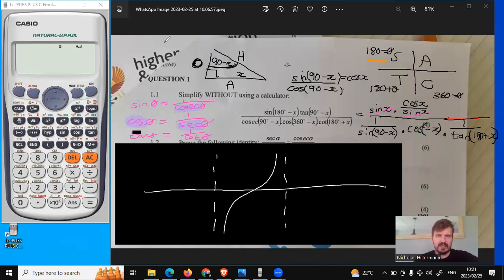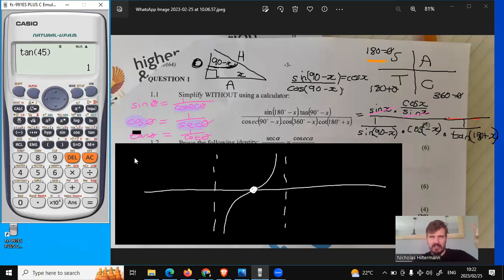What happens if I put tan 0 into my calculator? I get 0, and that's over there. If I put tan 45, I'm going to get 1, because if I draw a right-angled triangle with both angles 45 degrees, the sides are equal.